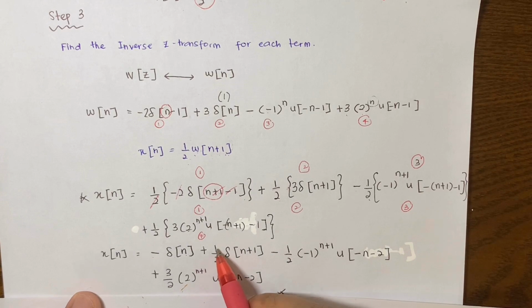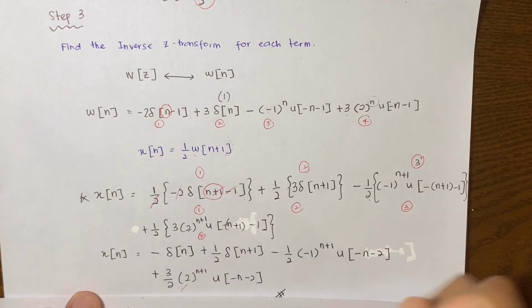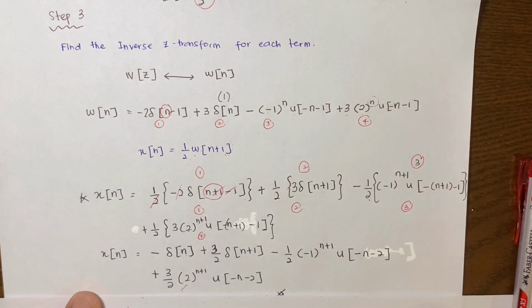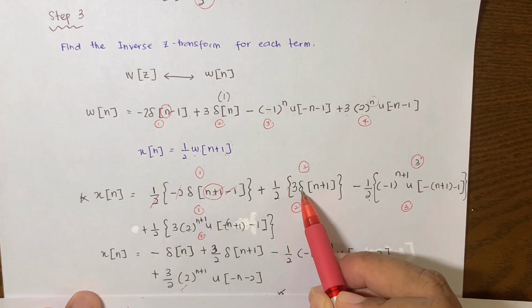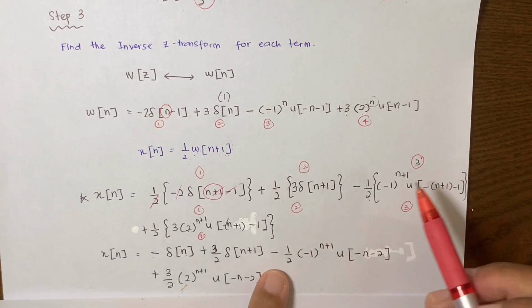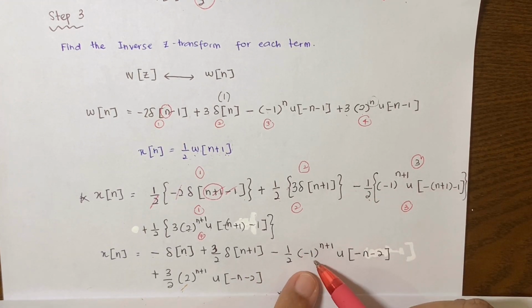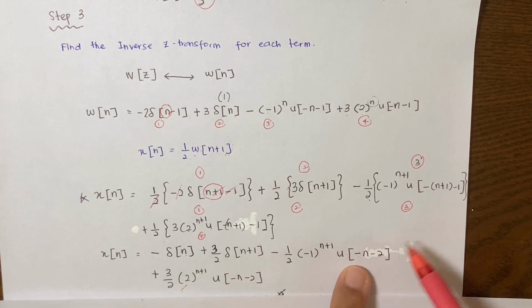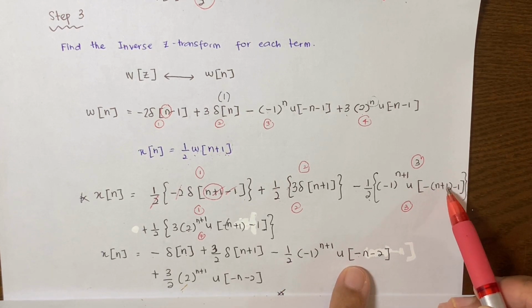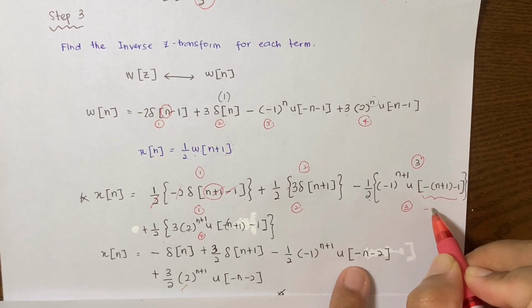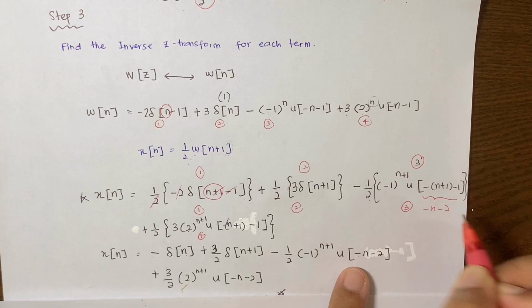Plus 1 over 2, 3 over 2 here, delta n plus 1, impulse n plus 1, minus 1 over 2, negative 1 to the power of n plus 1, u[negative n minus 2]. If you solve it, you will get negative n minus 2.